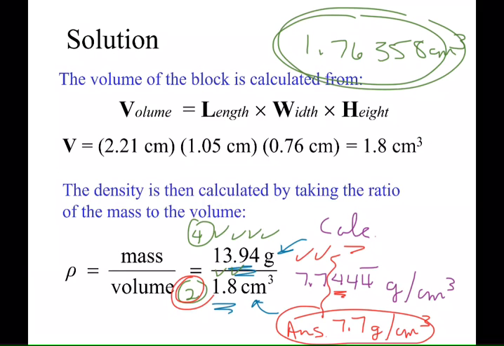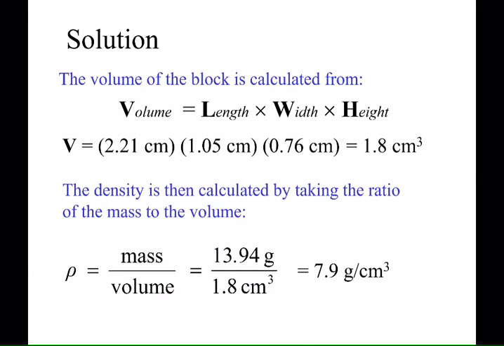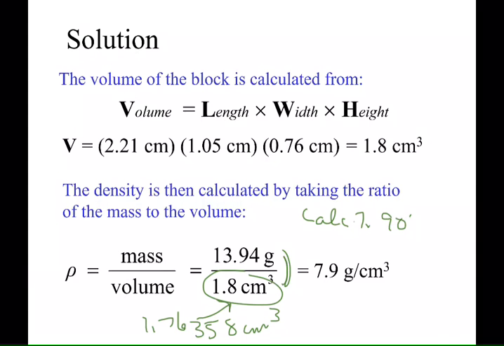If I were to take that instead of 1.8, what I would get is, instead of this number down here, I go with 1.76358 centimeters cubed. If I do that division, what my calculator displays is 7.9043, looks like 8, and units of course would still be grams per centimeter cubed.